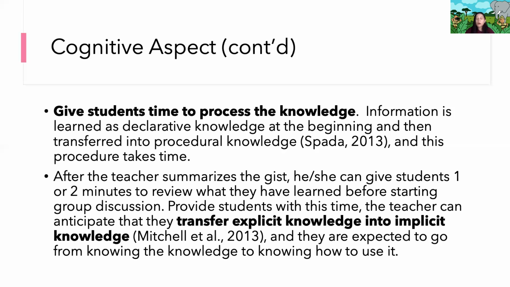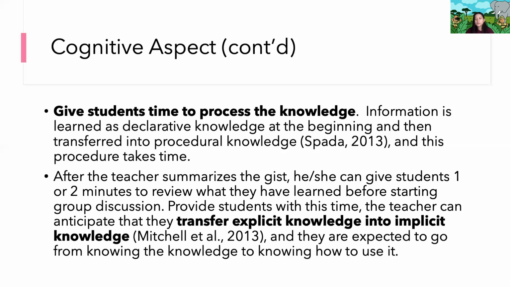Part of learning is to transfer declarative knowledge into procedural knowledge, and such a process takes time. That's why teachers want to give students some time to think after introducing new concepts or discussing complex ideas.